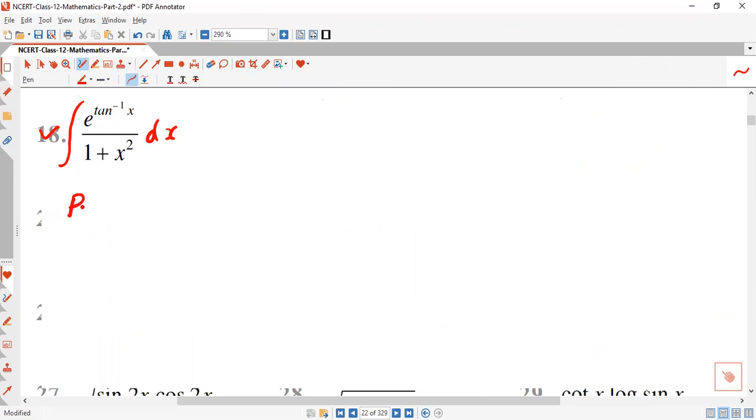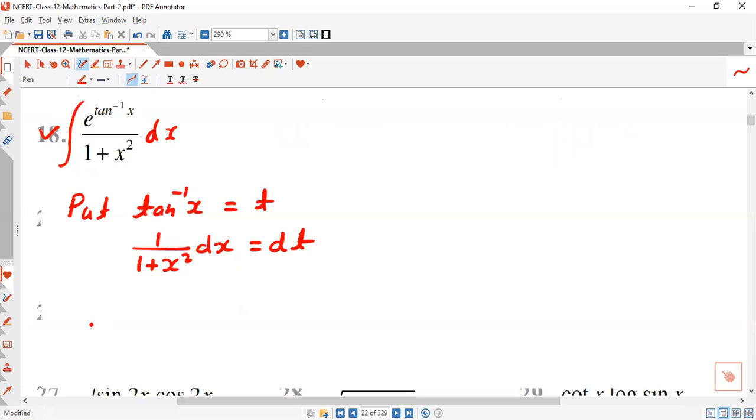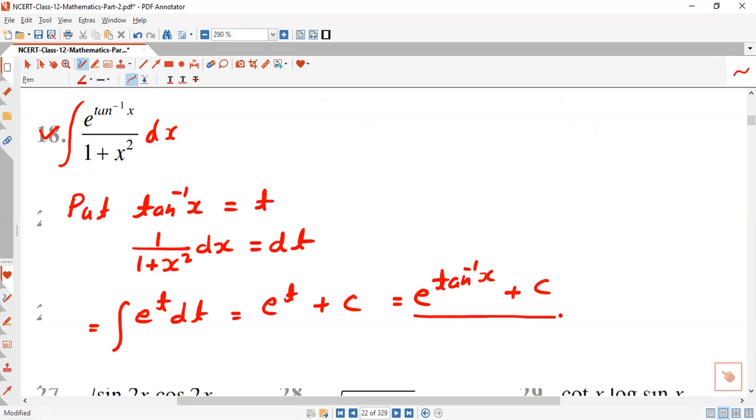So here we put tan inverse x equal to t. So we know 1 upon 1 plus x square dx will be equal to dt. So this integration becomes what? After putting these values, e raised to t, and dx upon 1 plus x square equal to dt. So taking the integration, we are getting e raised to t plus some constant c. Put the value of t, that is e raised to tan inverse x plus some constant c. This is the answer.